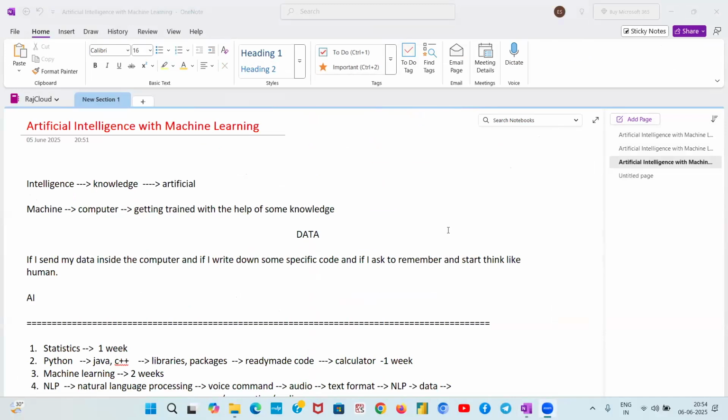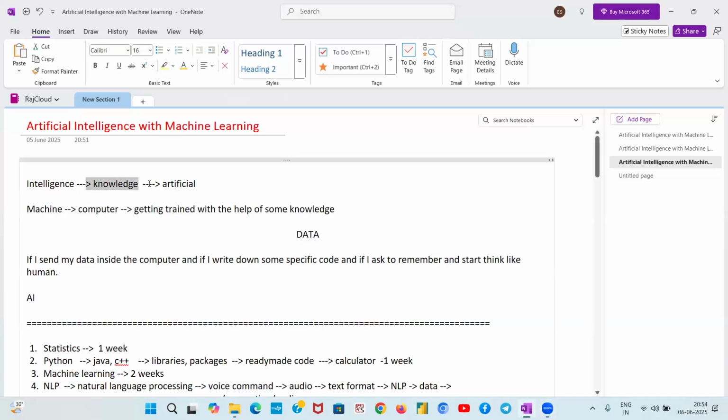What I said there is that we are trying to make an intelligence, which is artificially created by ourselves, by sending some knowledge. So which one is actually the artificial intelligence here? Our machine, which is nothing but our computer. So we are making our computer trained by passing some knowledge.